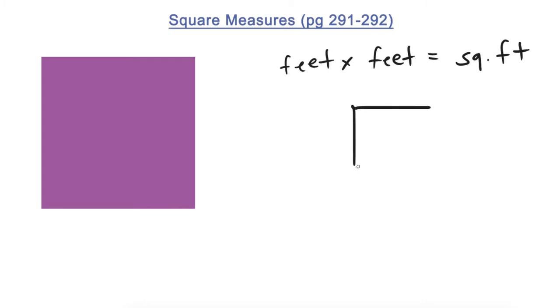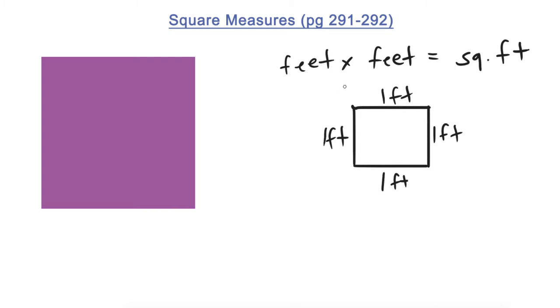Okay, in our previous math lessons, we learned about square units, right? For example, if we multiply feet times feet, you get square feet. Square feet means I have a square. Here's a square, and in a square, all four sides are the same length, correct? That's what makes it a square: four sides of equal length. So for a square foot, all the sides of my square are 1 foot wide or 1 foot tall.